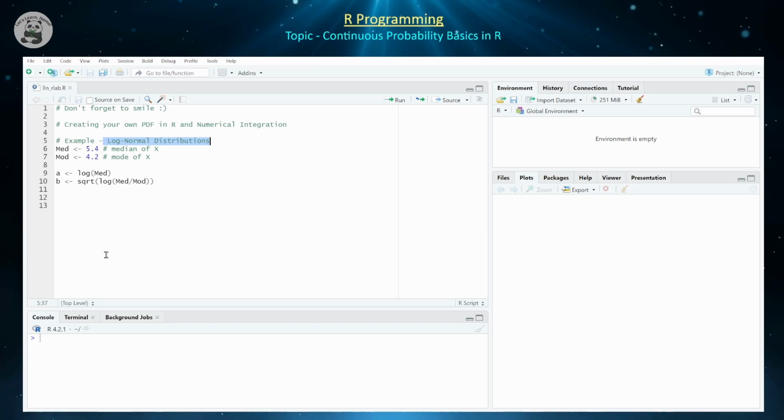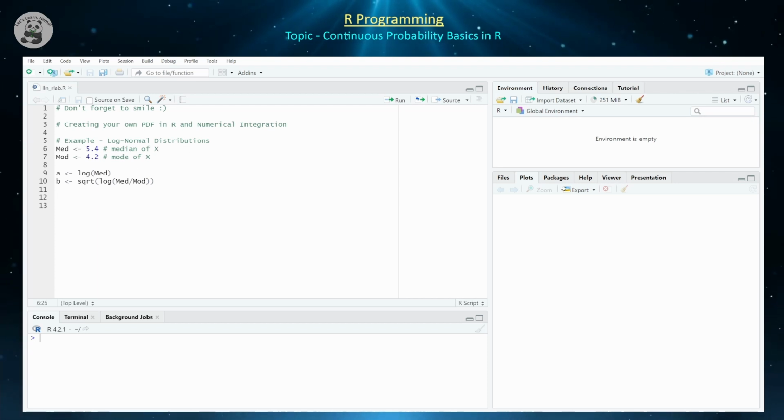But I'm just going to be using the log normal distribution since it's pretty common, and show you how to define your own probability density function and do probabilities on it. So for the log normal distribution, like the normal, where we usually are given the mean and the standard deviation, for the log normal, if you're given the median and the mode, typically those are the easiest parameters to know and to work with.